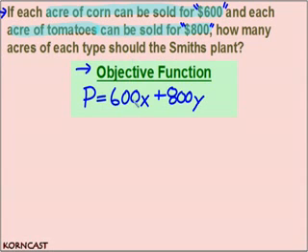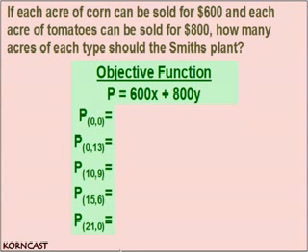Okay, so once we get our objective function and we've got our vertices, now we can go ahead and test our values. So from our graph, we have (0, 0), (0, 13), (10, 9), (15, 6), and (21, 0). So let's go ahead and test our values now. So we're going to have 600 times X, well X is 0, plus 800 times Y, which is 0.